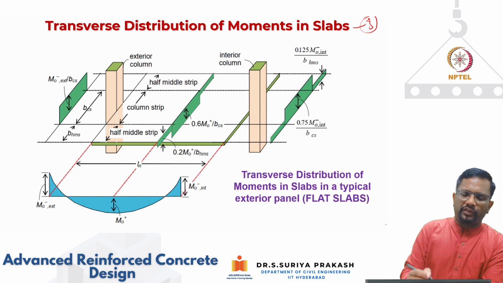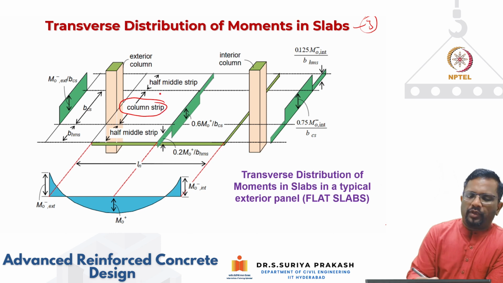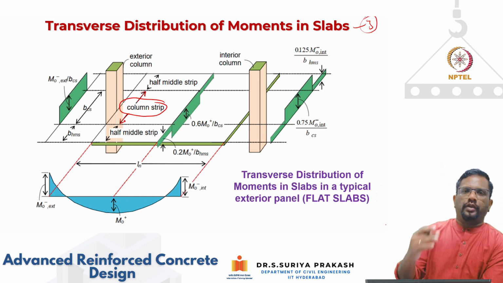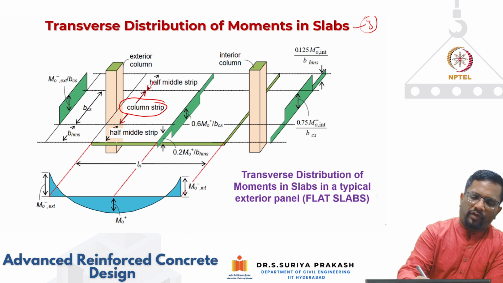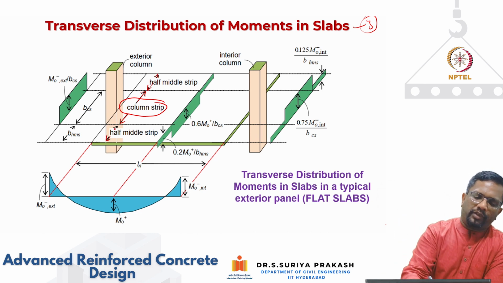The region that is very close to the column, we call the column strip, like what we have seen here. This is your column strip from here to here. And the regions which are away from the column location, we call half middle strip on the left side and half middle strip on the right side.